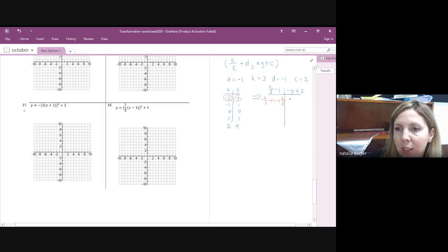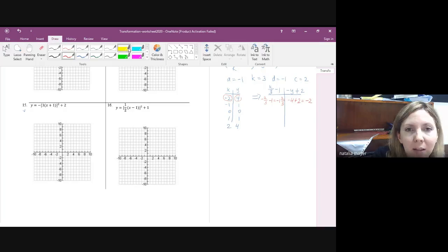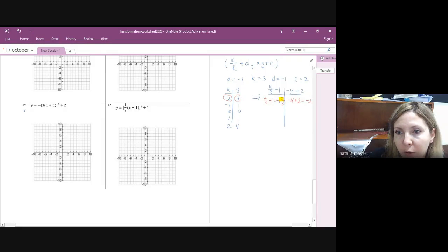I'm going to input it here according to mapping notation. So I'm getting -4 plus 2 equals -2. So let me highlight the new coordinates. So I got new pair of coordinates, -1 and 2 over 3, and -2.